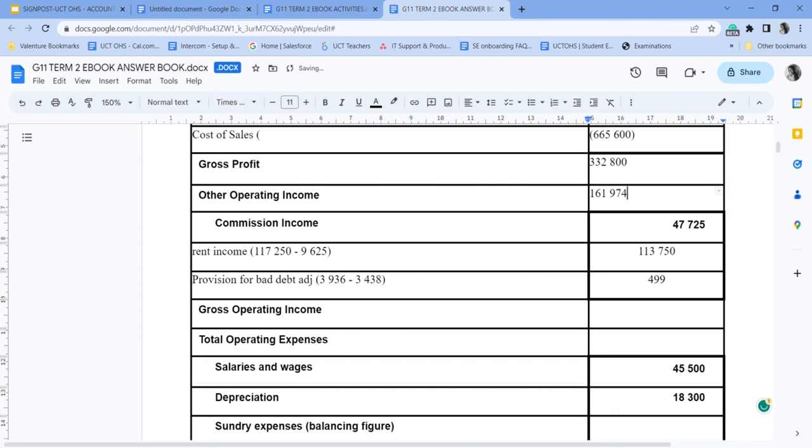Okay, so this was our other operating income. So which means that we just add these two together, 161,974 plus 332,800. Add this together and it gives us our gross operating income of 494,774. Okay, let's see. I'm highlighting this.